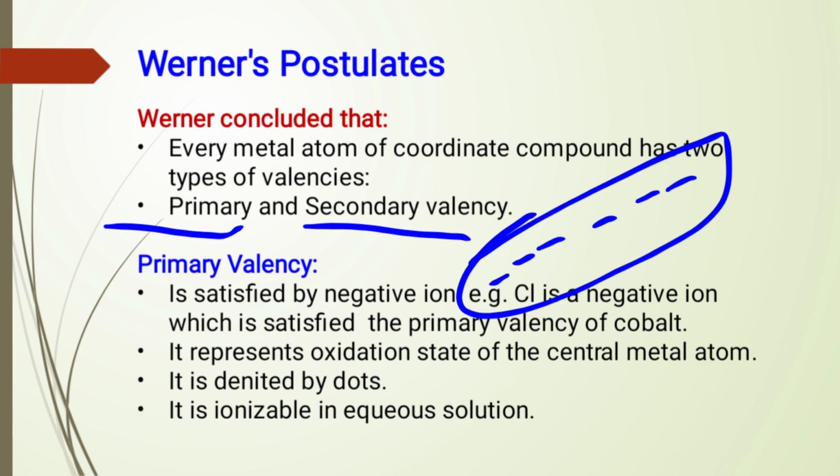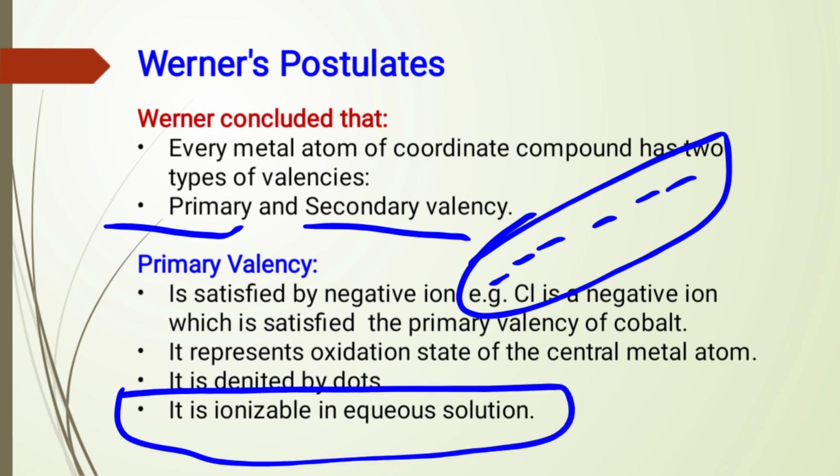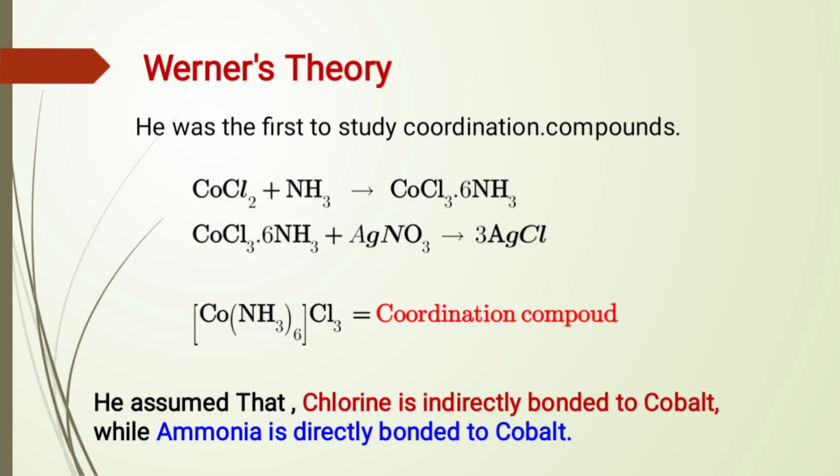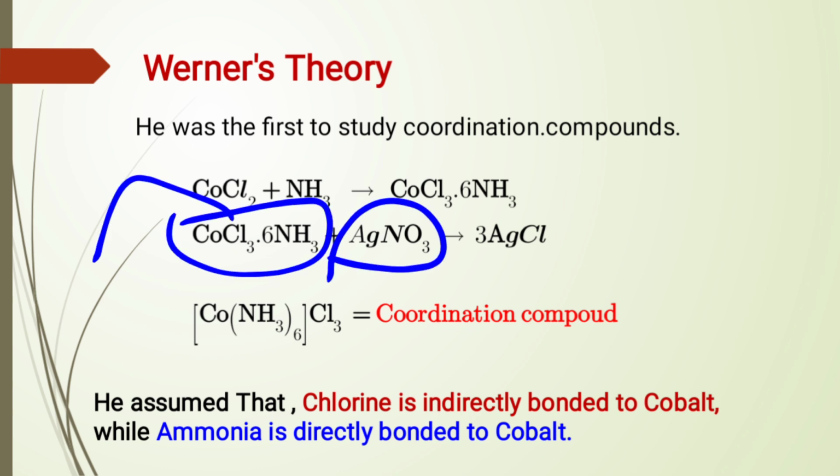It is also ionizable in aqueous solution, that is, it can react further when something is added to the coordinate compound. For instance, in this equation, once silver nitrate is added to this compound, the chlorine, which has satisfied the primary valency, goes into reaction and forms a white precipitate with silver nitrate. Do you understand this? Yes.